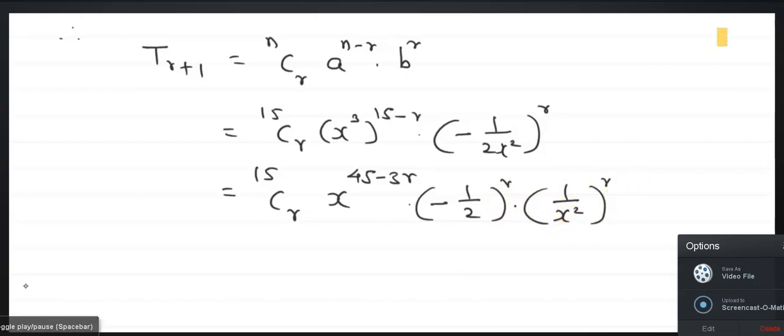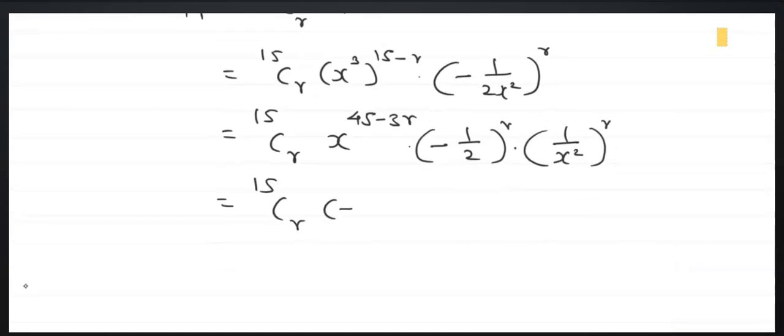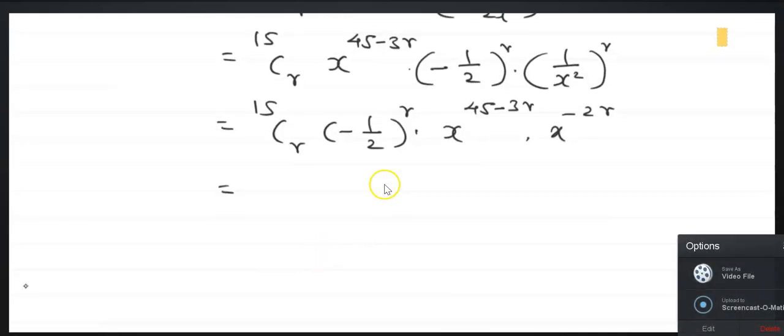Now you can see this here. Separate the terms, that is (minus 1 upon 2) bracket raised to r, x raised to 45 minus 3r into x raised to minus 2r. 1 upon x square means what? x raised to minus 2 into r, that is x raised to minus 2r. And overall, you are getting x raised to 45 minus 5r.